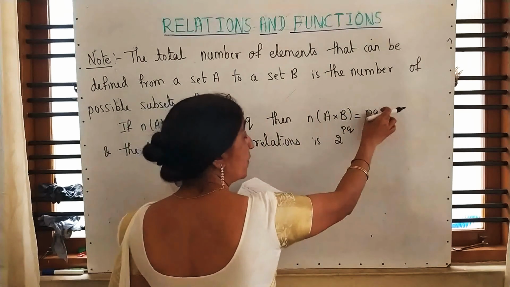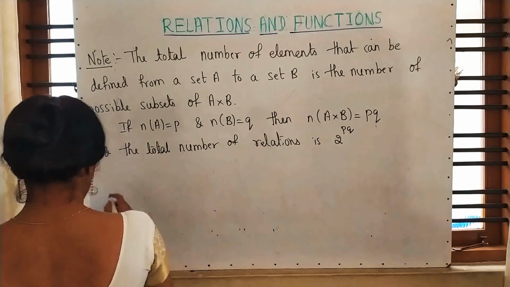So how many elements are in the ordered pairs, that comes as a power. Write down the example.